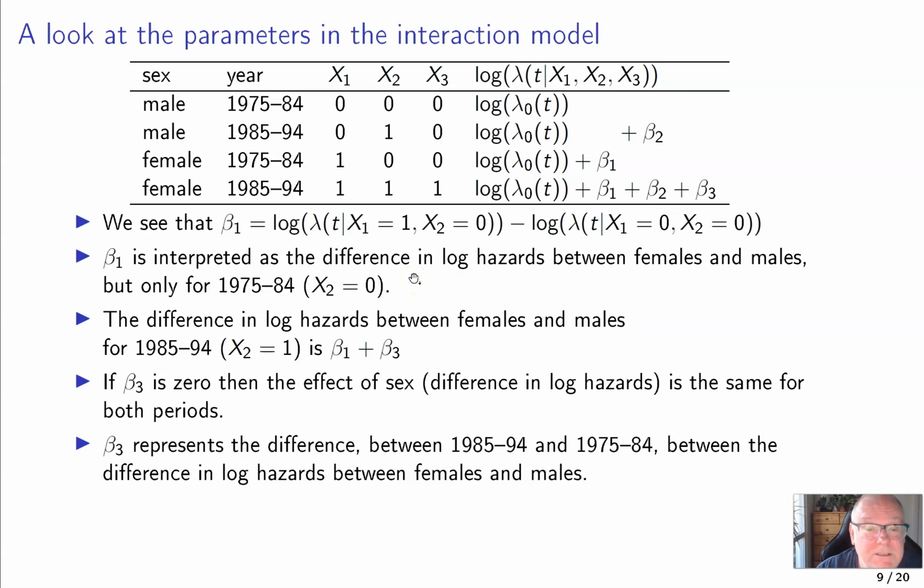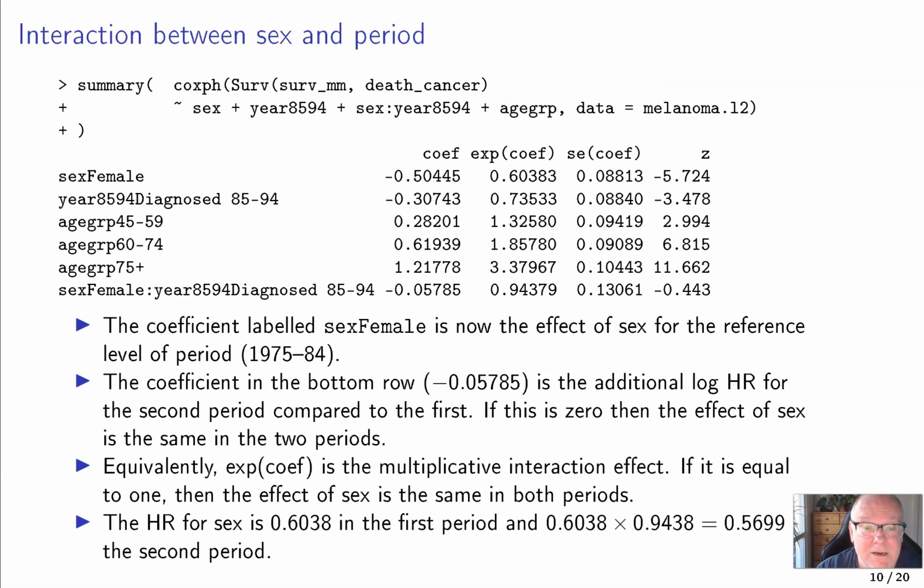So, what's the effect of sex for the second period? Well, we have to add this coefficient plus this coefficient. So this interaction coefficient is the additional effect of sex. Now, on the original scale, we add them. On the multiplicative scale, we multiply them.